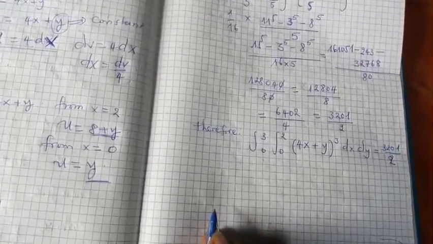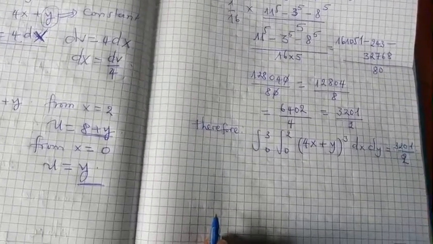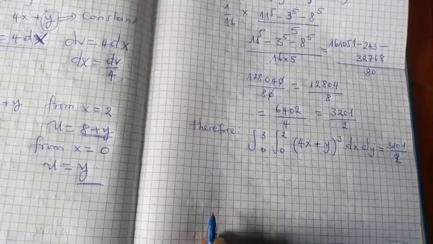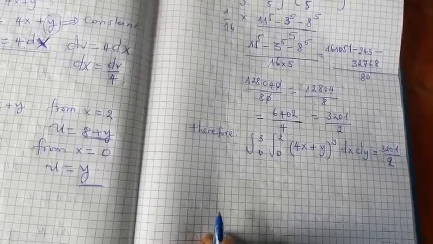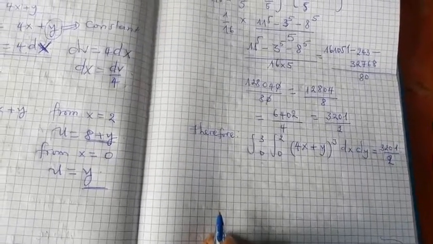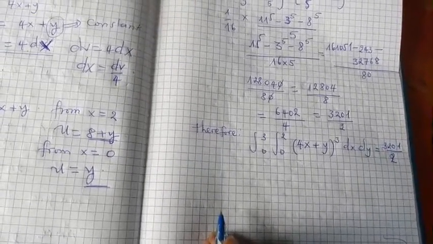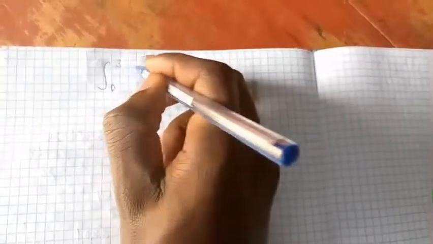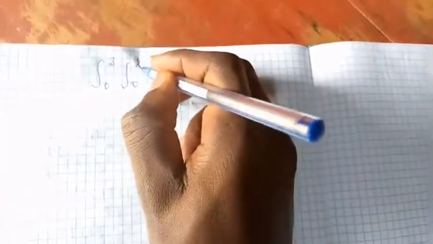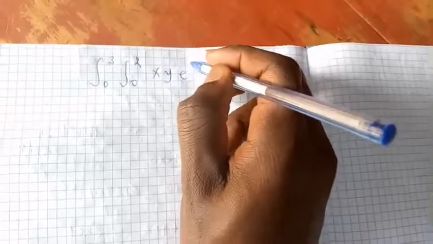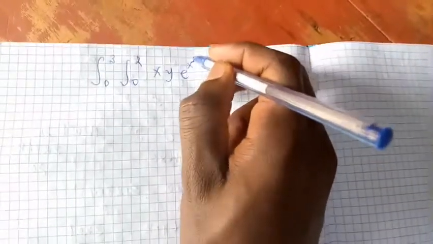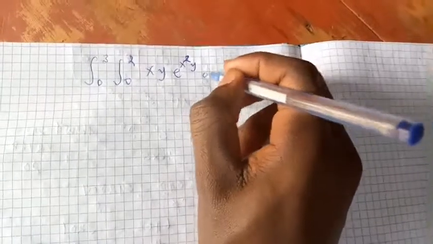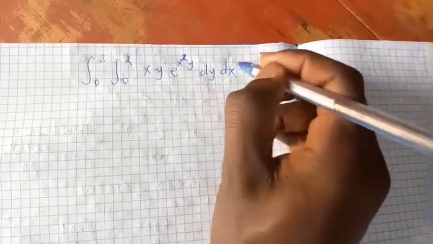So this is the value of our question, and this, let us see the last form of integrating the double integrals, and the example is this one. We have the integral from 0 to 3, integral from 0 to 2, x y e power x squared y, then dy dx.